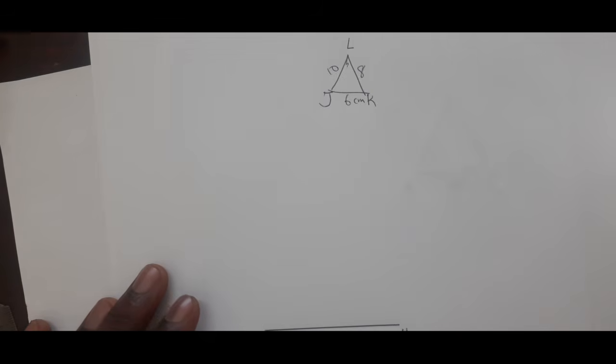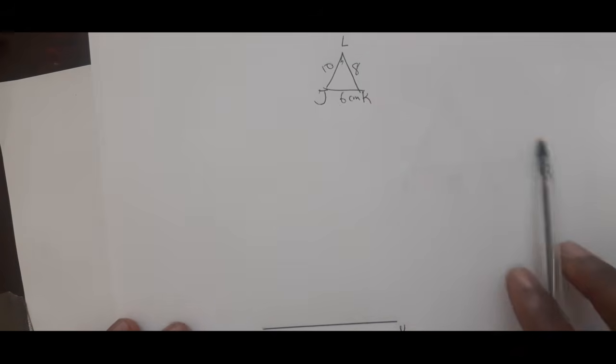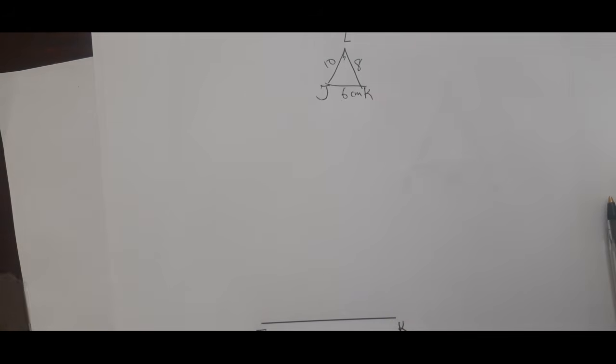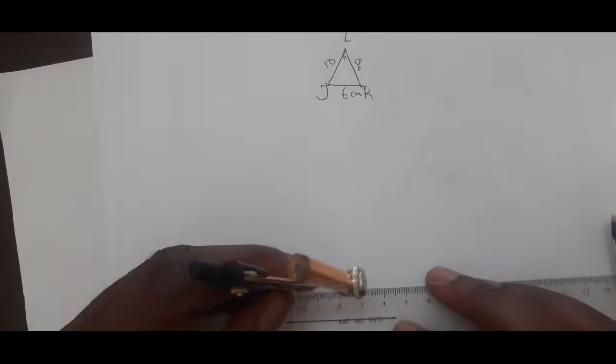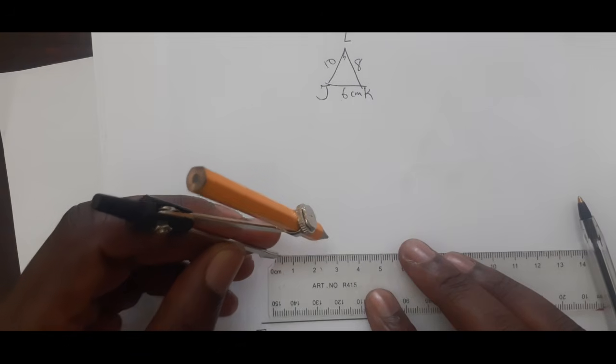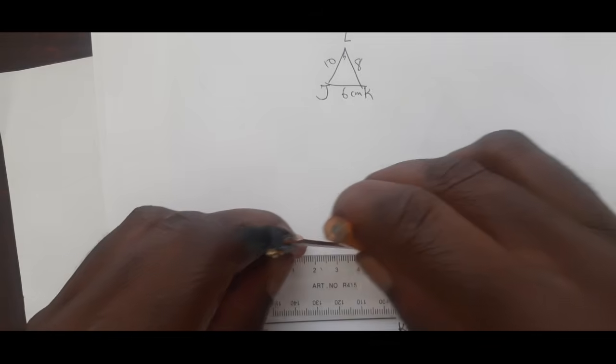Okay? Now take note that from J up to L, it is 10 centimeters. Then from K up to L, it's 8 centimeters. So we can start with either, okay. So this one, it's 10 centimeters. So I can measure 10 centimeters here using my compass. Now remember, I'm starting from 1.